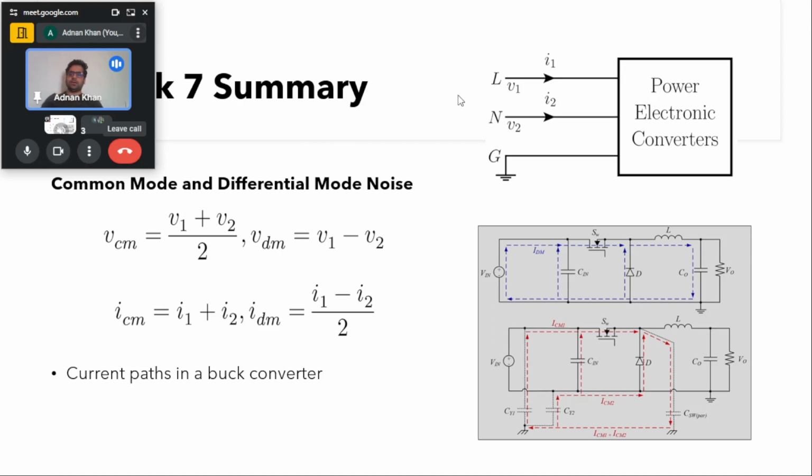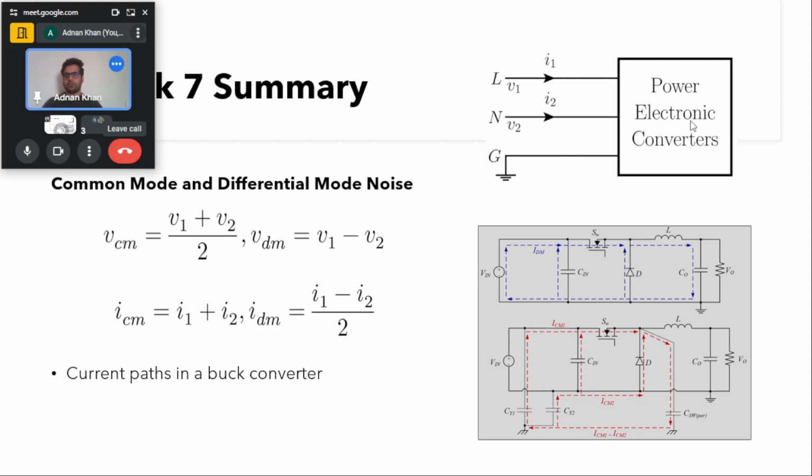So firstly, we'll look into the common mode and differential mode noise that is being generated. Let us say we have a power electronic converter, and we'll have the line and a neutral, like I told you, and another is the ground.